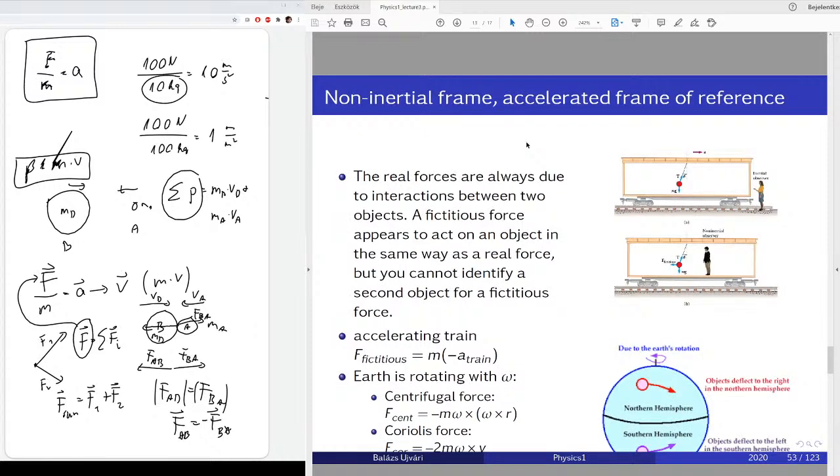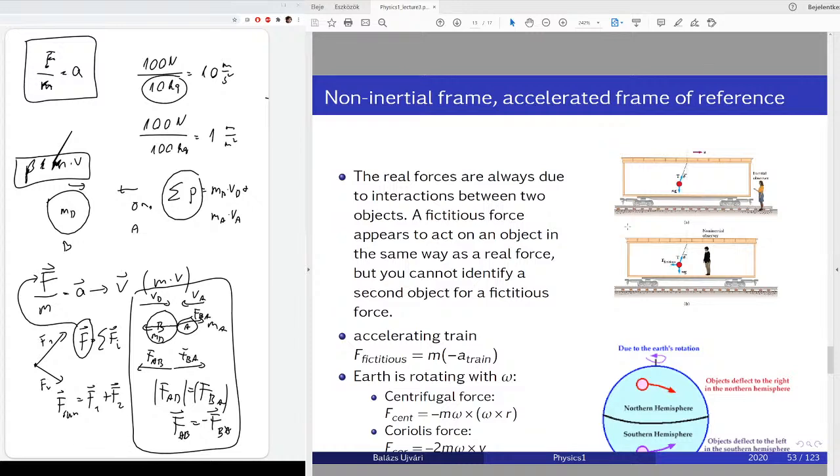So please don't try to use Newton laws, for example, as here in the example of accelerating trains, because in this case, for example, the second law, which is this one, is not valid because there are no other forces. You can observe a particle which feels the forces, but there are no other forces.